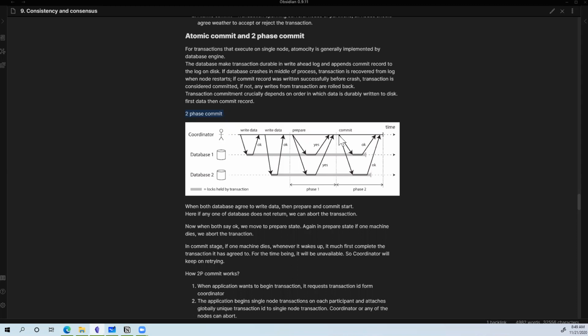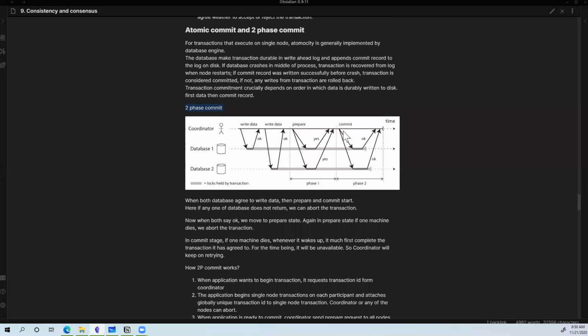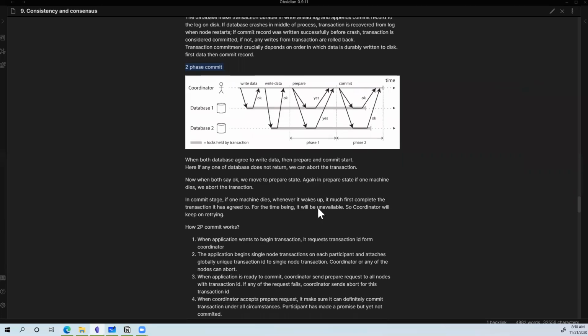Both databases have to commit the values, and if one of the databases goes down, it is the responsibility of the coordinator to keep retrying again and again until the databases come back, and to eventually make both databases commit the value. So this is how two-phase commit is implemented.